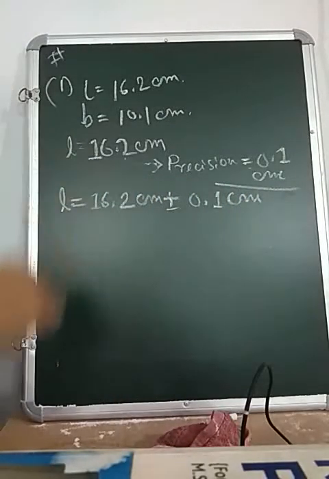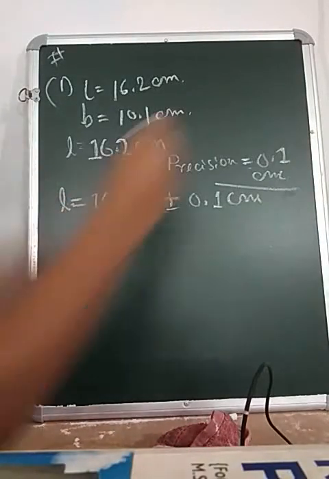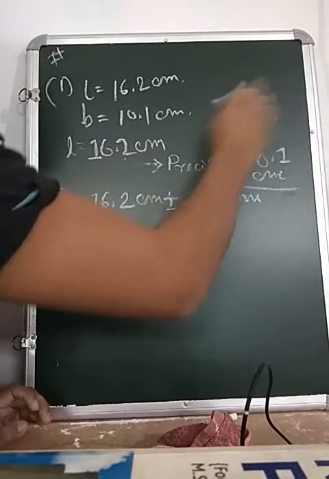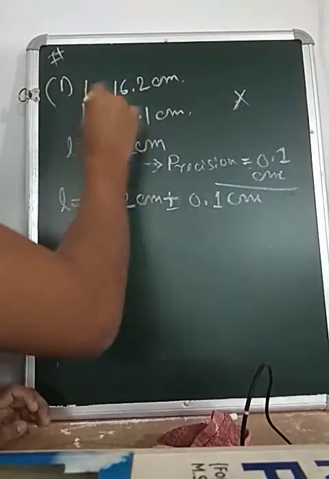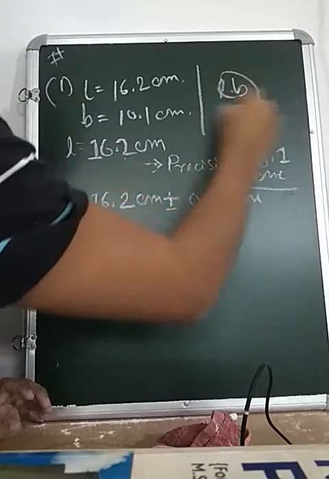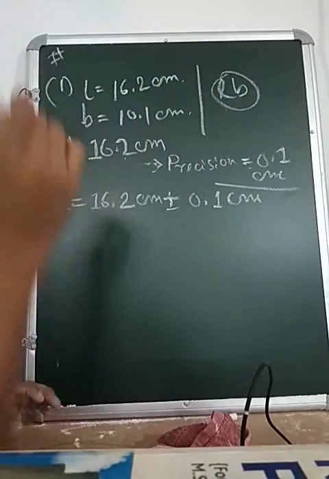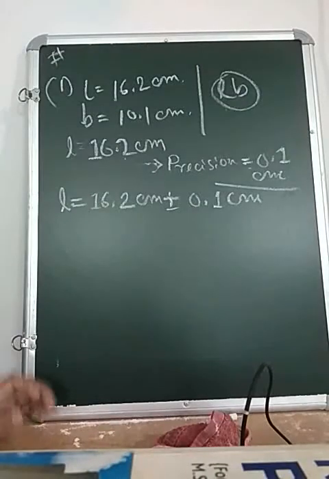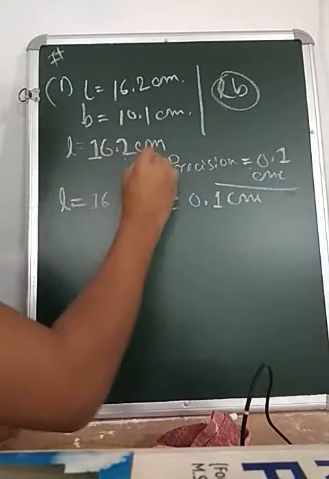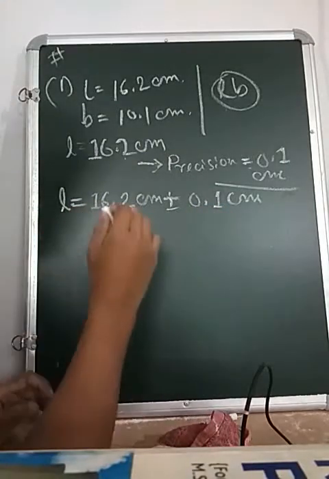Here we have to go for multiplication, since area is L times B. So here we use the relative error or percentage error. What will be the percentage error of 0.1?